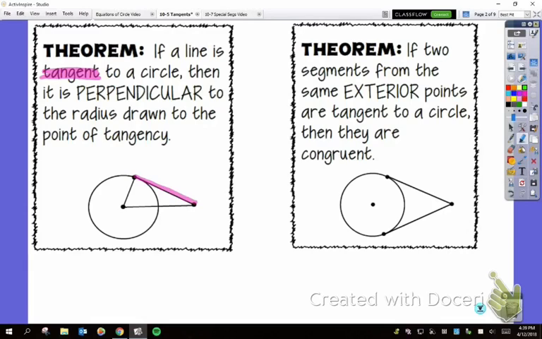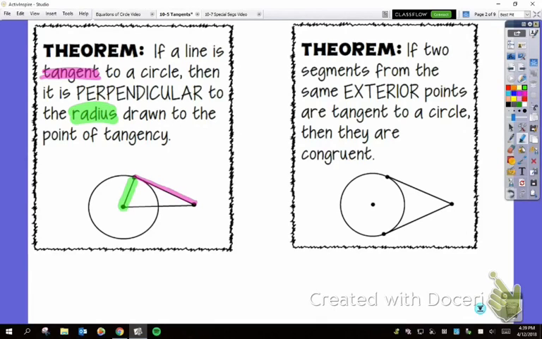So technically we have this radius and we have this radius. But we're looking for the radius that intersects the line that is tangent, which means we are looking at this first line that I highlighted. So that is the radius.